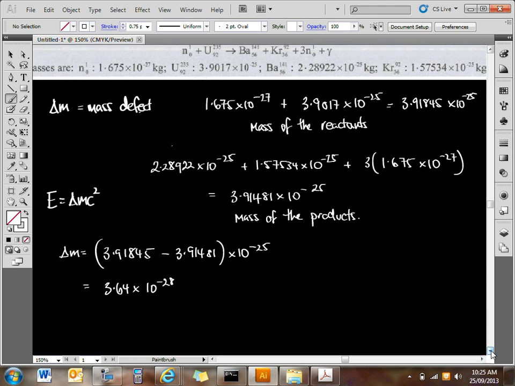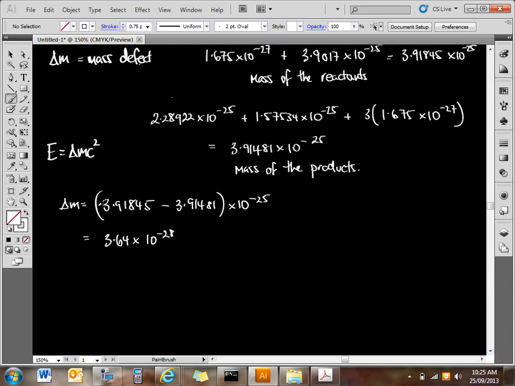That's our mass defect. What happens to this mass? Turns into energy, or is energy. And so we're going to treat it as energy now. Thermal energy. Put it into Einstein's equation.